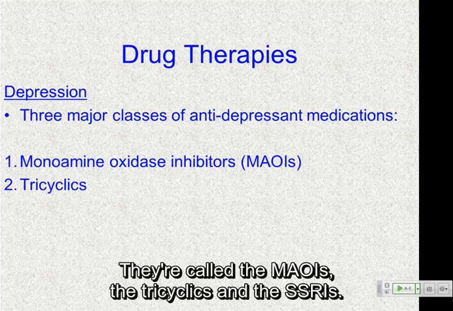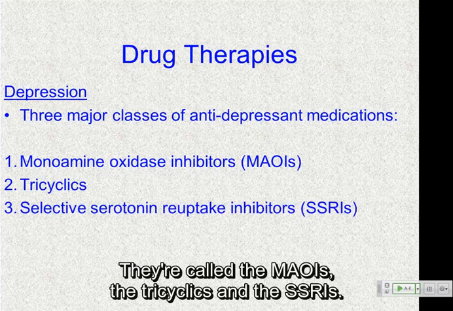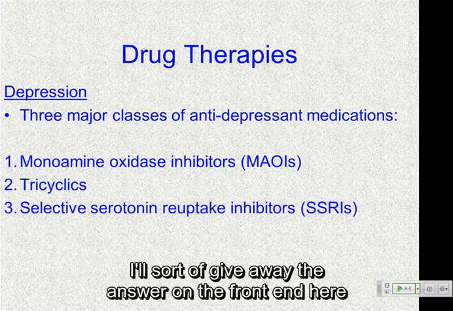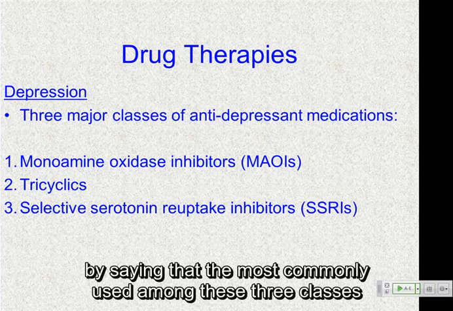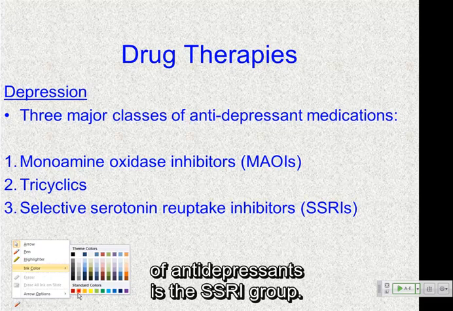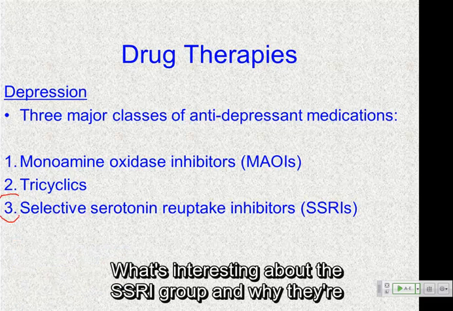They're called the MAOIs, the tricyclics, and the SSRIs. Okay? I'll sort of give away the answer on the front end by saying that the most commonly used among these three classes of antidepressants is the SSRI group.